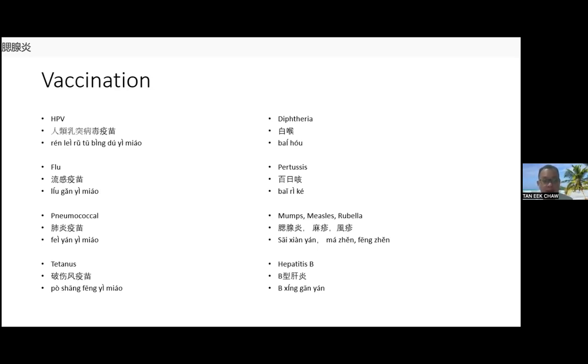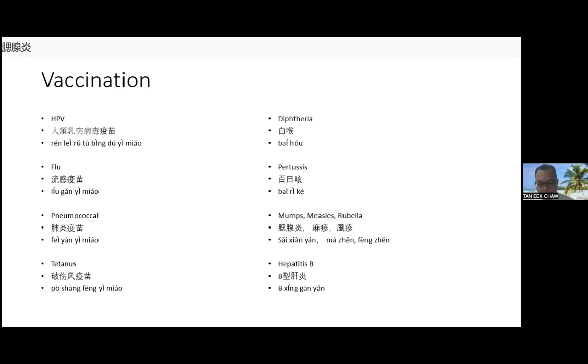In Chinese we call it 流感疫苗. Patients more than 65 years old are also eligible for subsidized flu vaccine. Certain clinics are even free of charge because after subsidies there is nothing to pay. And after 65, we also encourage patients to get the pneumococcal vaccine, or in Chinese 肺炎疫苗.